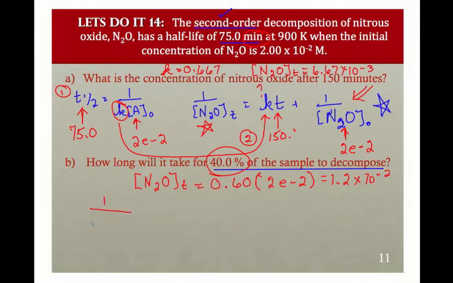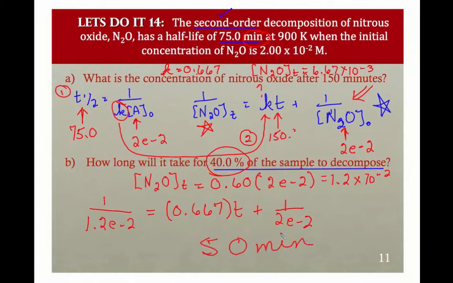I already have my K from the previous problem, so again, it's simply plugging in. The only difficulty is making sure you capture the right math formula, the right equation for the right occasion, and then check your units before you forge ahead too quickly. All right, and we solve this, and you should get 50 minutes.